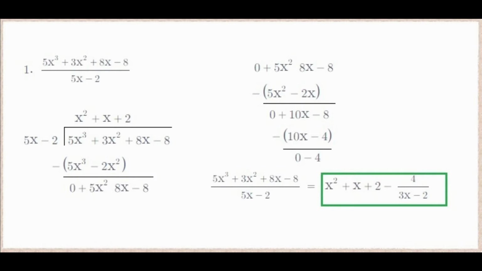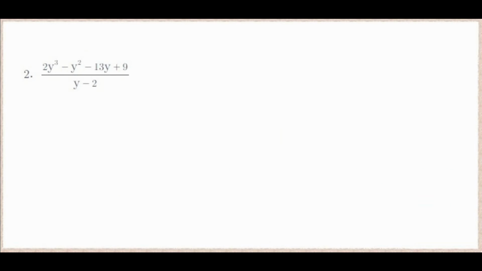So we're going to write this out as the fraction equals x squared plus x plus 2 minus 4 over 5x minus 2. We're going to write this next problem out.